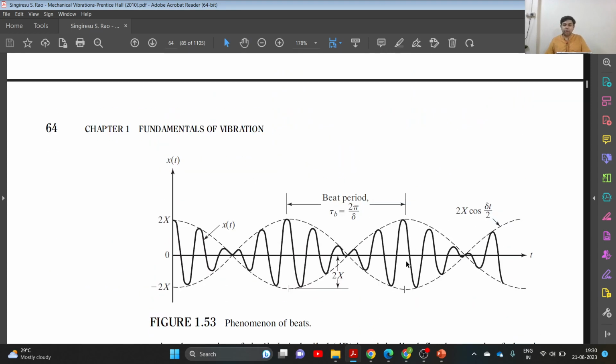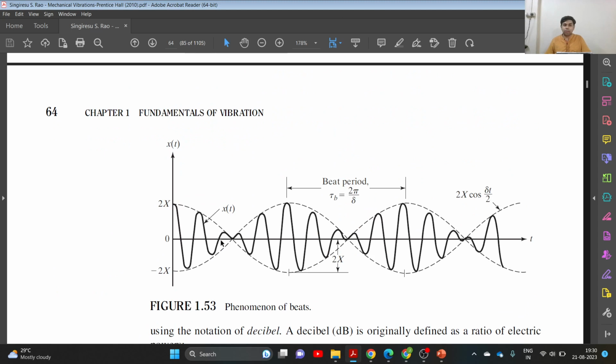So if you look at this figure, you can clearly make out that the outer sine wave is basically 2x cos delta t by 2. It's shown over here. So the time period of beats here is basically 2 pi upon delta.